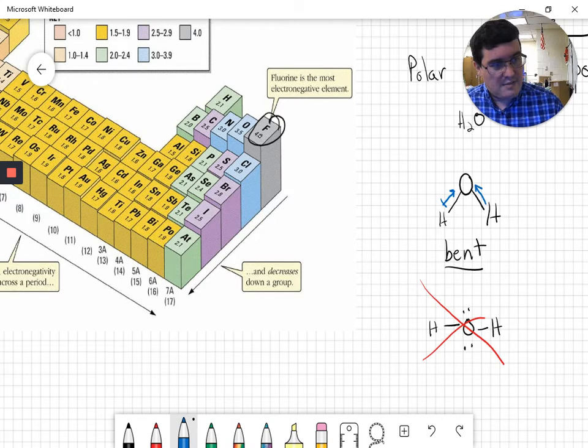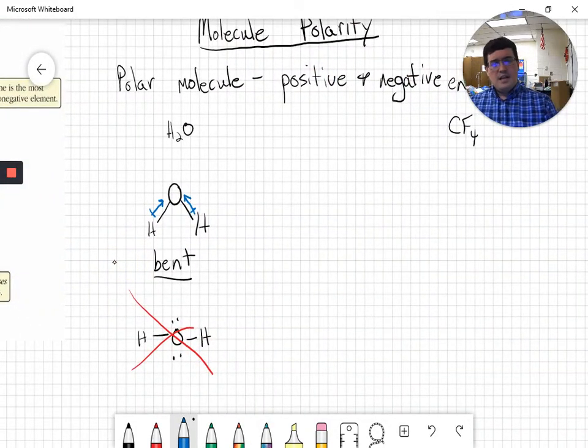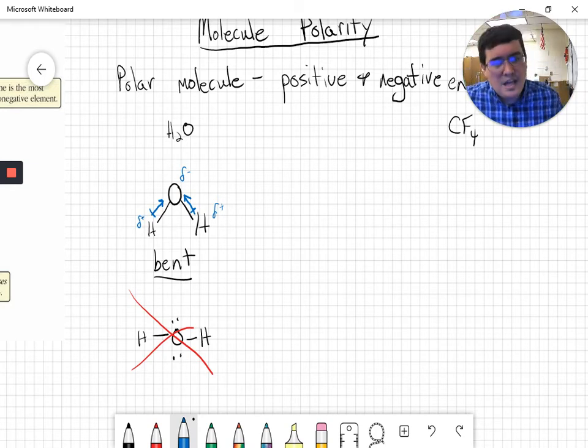So here I am in a different color showing you the bond polarity of those bonds. What does that mean? Well, it means that in this bond, these hydrogens get a partial positive charge, and the oxygen gets a partial negative charge. Now, it happens to be two partial negatives. We don't know if that makes up a whole negative charge or not, but it is definitely negative. And so when we look at this molecule, what do we have?